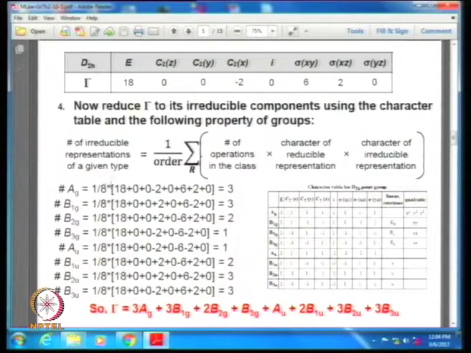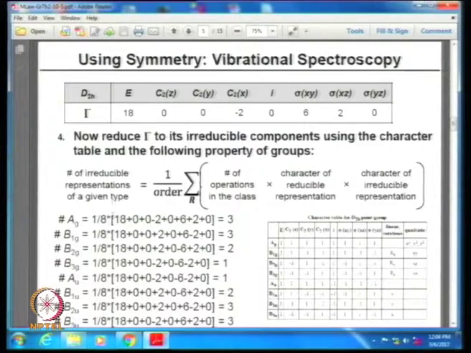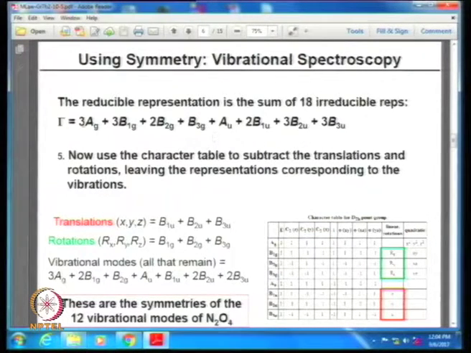So here is the resolution of this particular representation. This particular character table that was worked out can be resolved into the irreps by using this, and one can find out the weightage factors of each of these. So that is filled up in the next page. So this is the statement now.